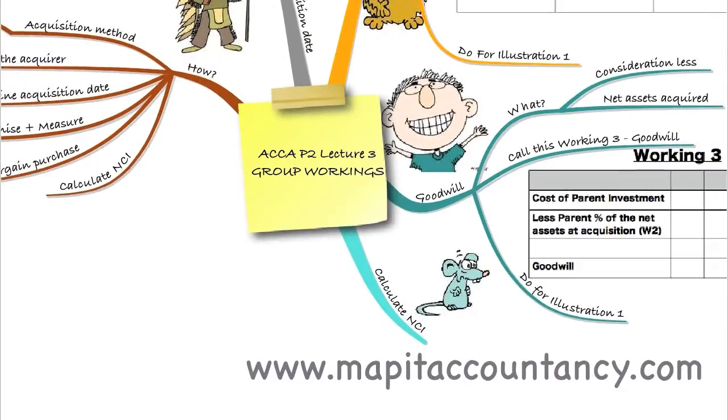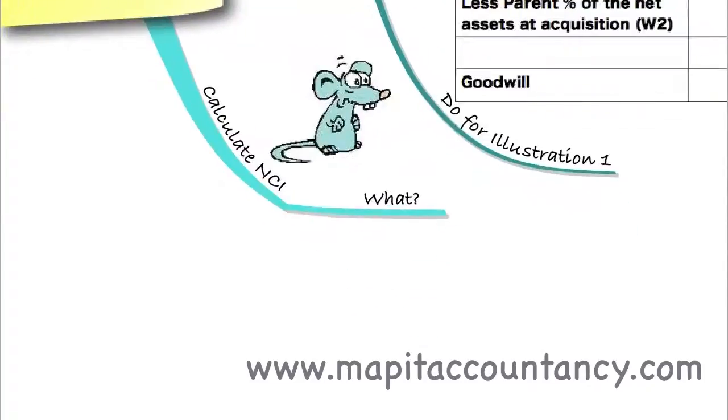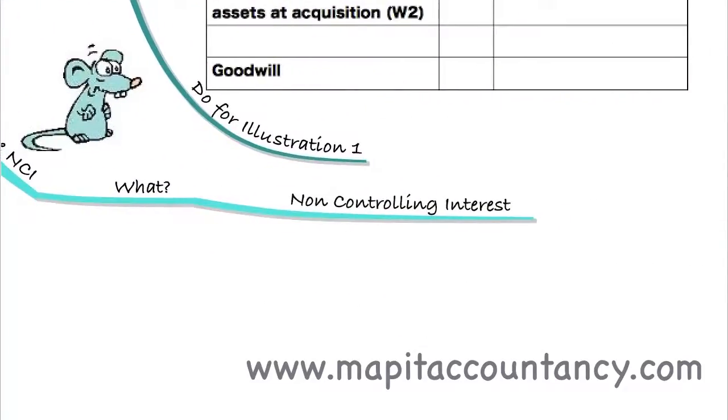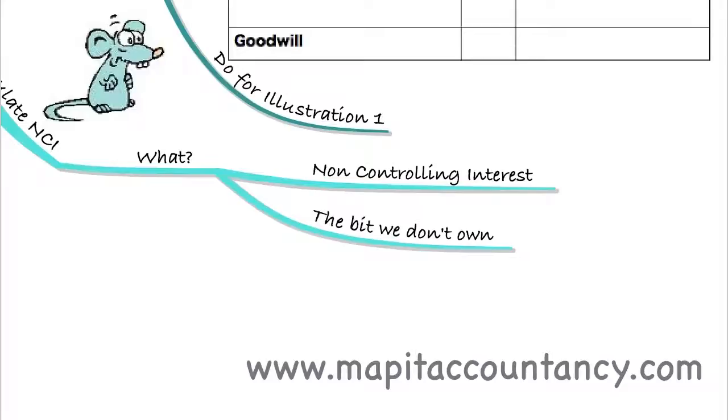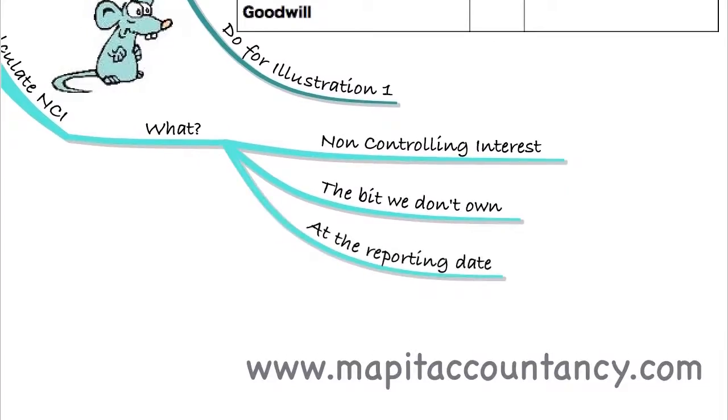That left us able to calculate our non-controlling interest. So what are we talking about? Well, it's called the non-controlling interest, and it's basically the bit that we don't own, the bit that's not owned by the parent. And we're starting off at the reporting date.